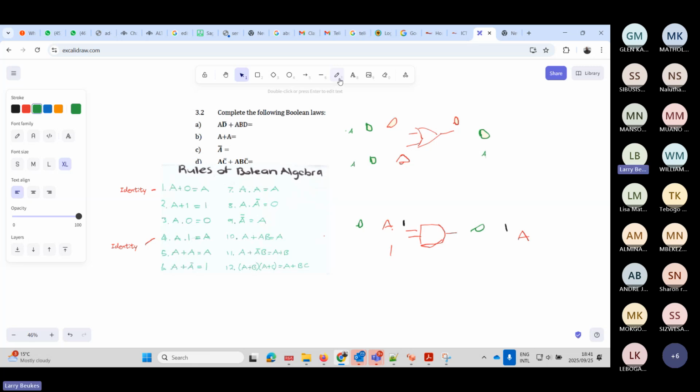So let's write the law name, idempotent. So idempotent is rule number 5. And then idempotent is this one as well, rule number 7.